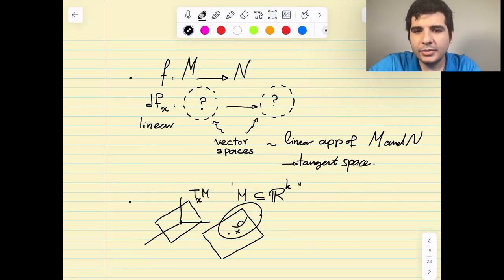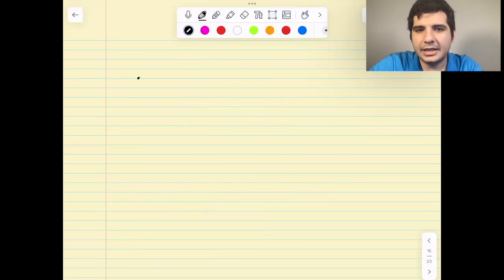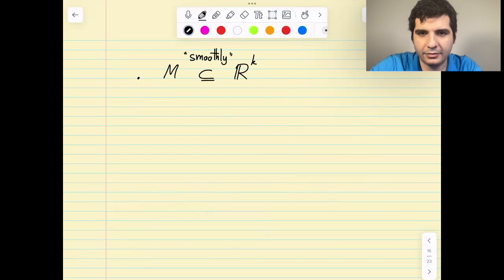But here we are assuming the manifold is embedded. It's sitting inside some Euclidean space. What does that mean? Any smooth manifold M can be embedded, or understood as a smooth submanifold of a Euclidean space Rk for some large k. What does it really mean? Look at this circle in R2.